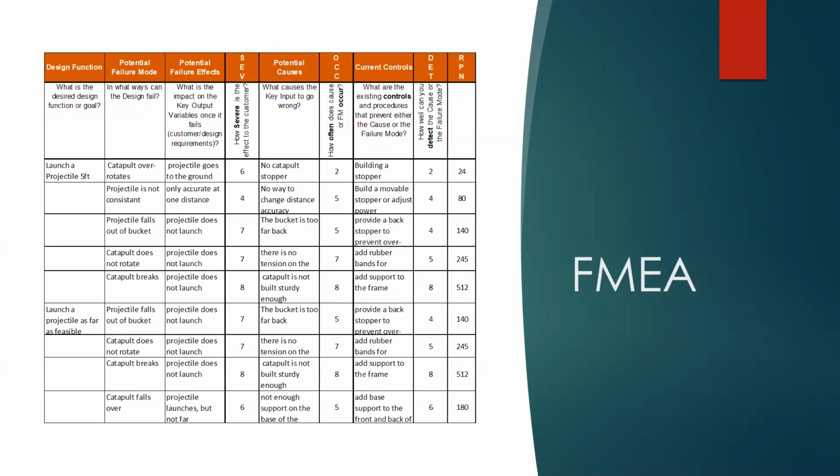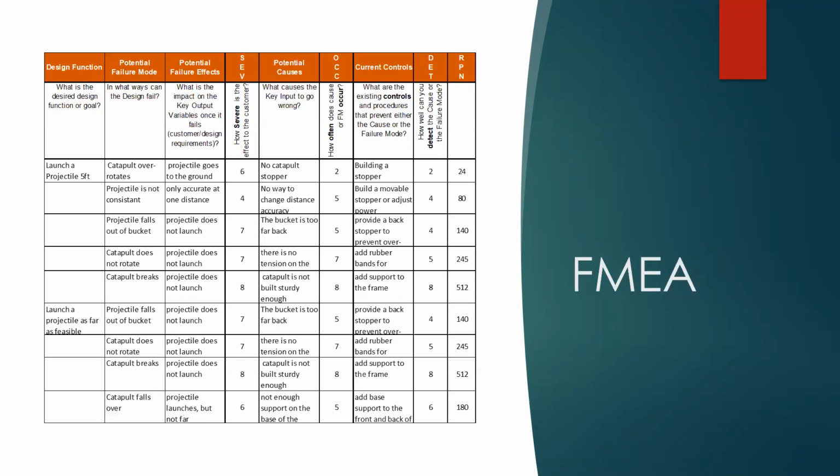All those flaws we were able to solve in our final design, except for the projectile not being consistent, which had one of the least amount of scores. So we did not take that one into as much consideration as the rest.